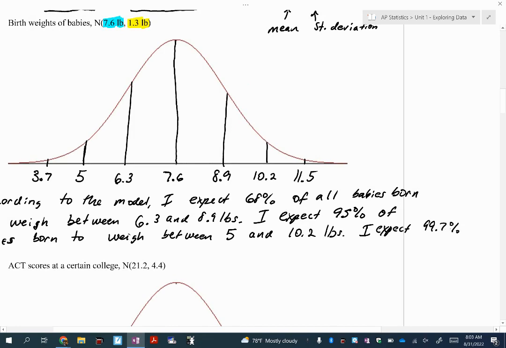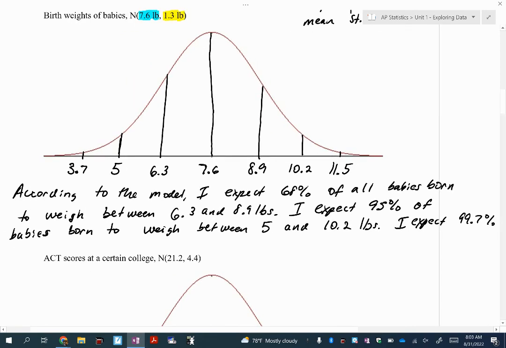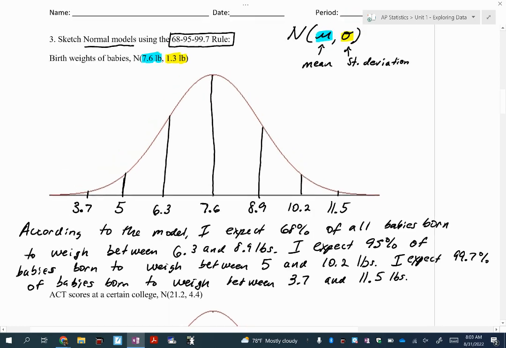So when you read that, you should be thinking almost all, right? 99.7% of babies born to weigh between 3.7 and 11.5 pounds.